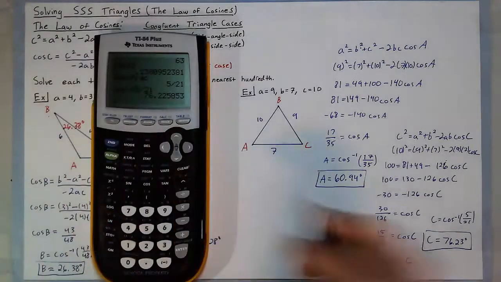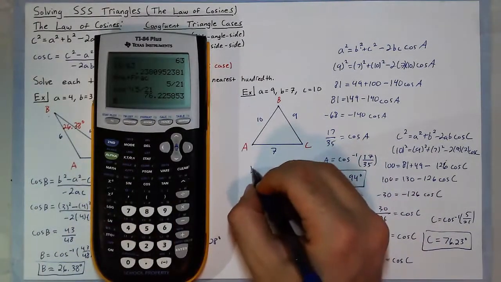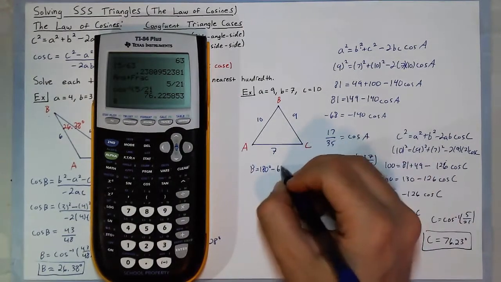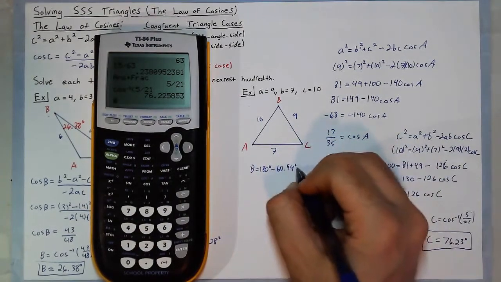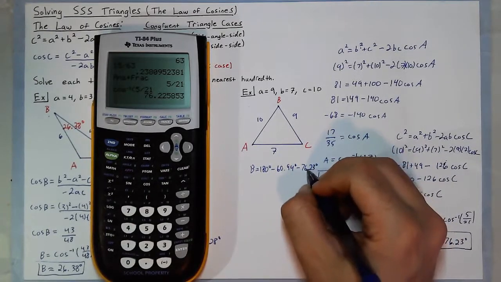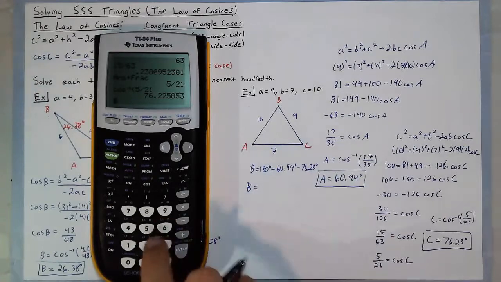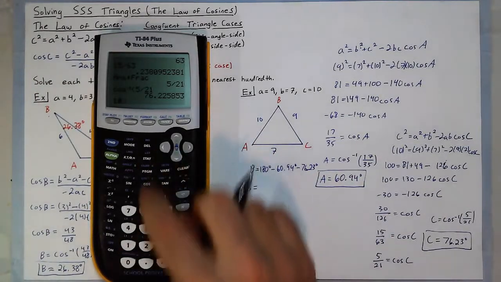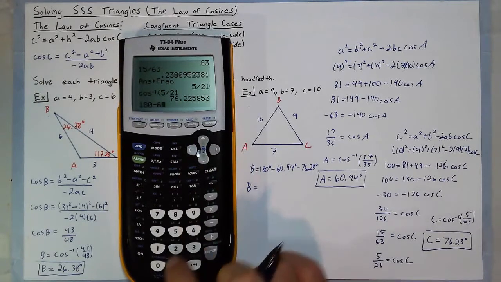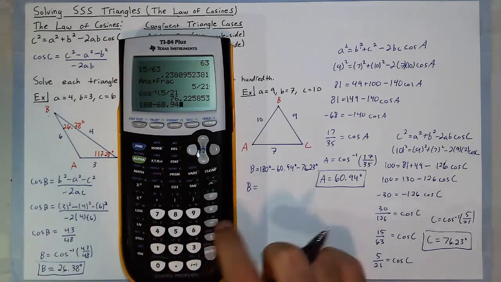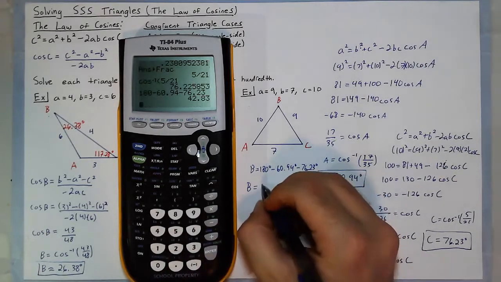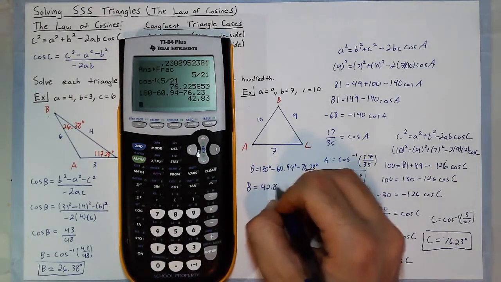I can add them together and subtract it from 180 degrees to get angle B. So 180 minus 60.94 minus 76.23. B should be 42.83 degrees.